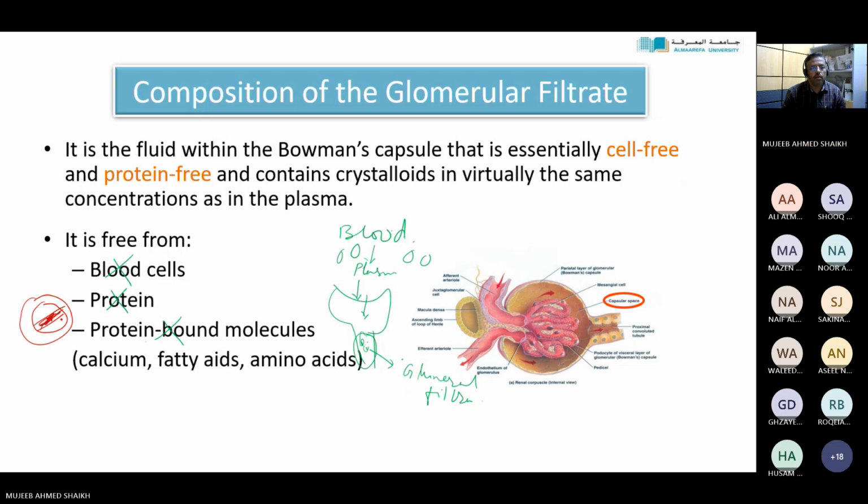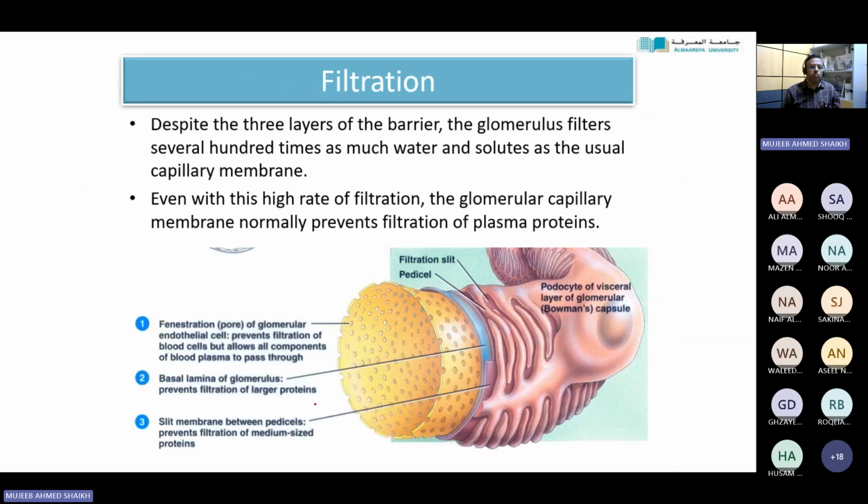Okay. So in the filtrate, you will find everything except RBC and protein bound chemicals. You may ask why it is not filtered. Despite the 3 layers of the barrier, the glomerulus filters several hundred times as much water and solute as the usual capillary membrane.